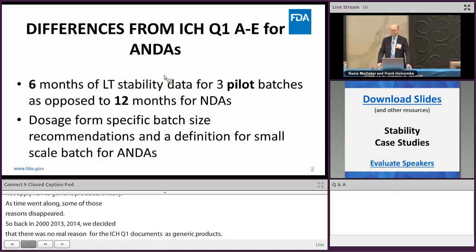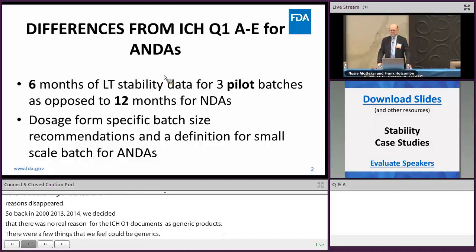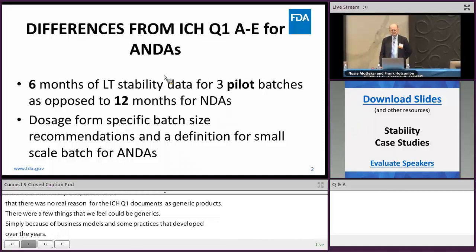The main issue for ANDAs is the differences in the extent of data to be submitted at the time of the original submission. And that is, we dropped the ICH requirements of 12 months down to 6 months.